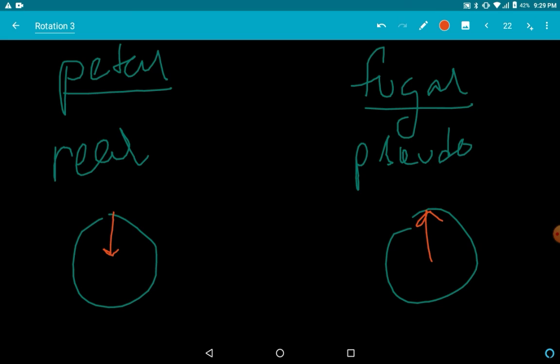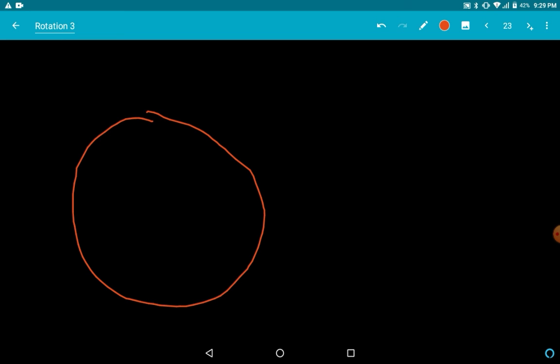There are not so many questions, so I am making a question on my own. Let's say a body is going through circular motion with a velocity of 2 meters per second.